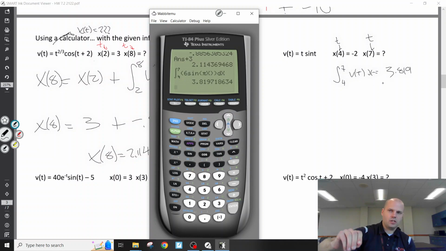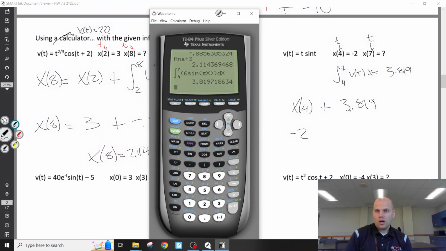That is not a position. That is how much I've moved relative to where I started. I started at a position of negative 2. If I start at negative 2, add this amount I've moved versus where I started, and you will now have your unknown position at 7.